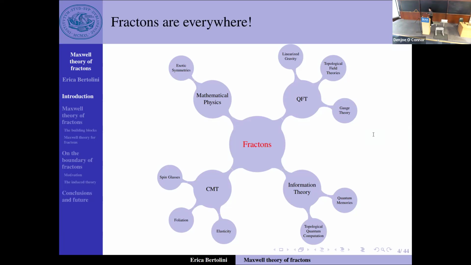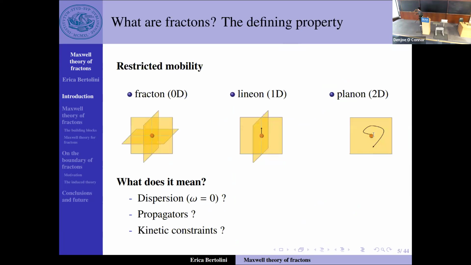But what's the common feature of these quasiparticles? There should be something that links all these areas, and indeed, fractons are defined as quasiparticles with restricted mobility. True fractons are completely immobile objects. They are zero-dimensional particles.